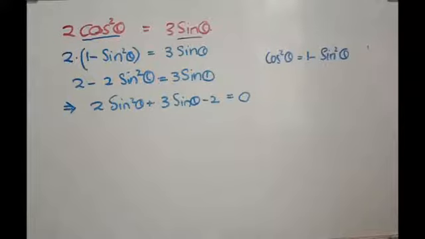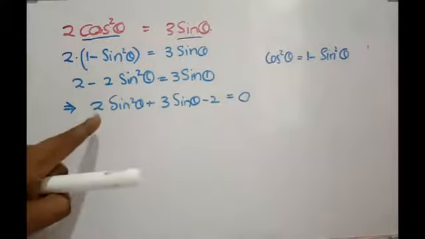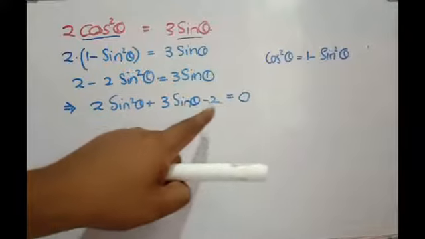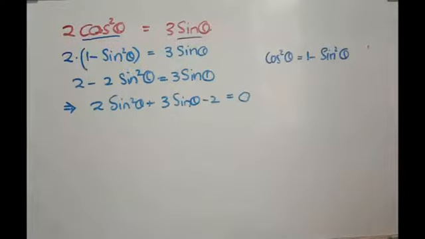Okay, and you know how to solve this equation. If you can't solve it directly, assume sine theta as any other variable, for example a. So if we assume sine theta as a, we get 2a squared plus 3a minus 2 is equal to 0. Anyway, go on with this calculation. I'm writing the direct value for sine theta here.